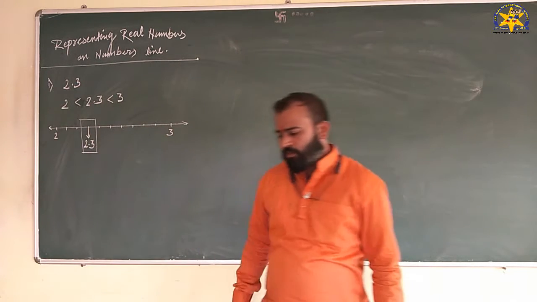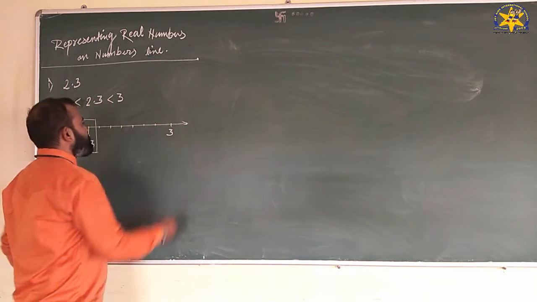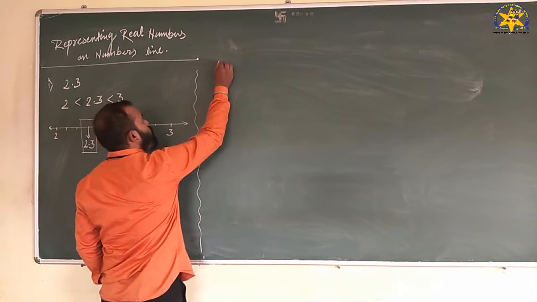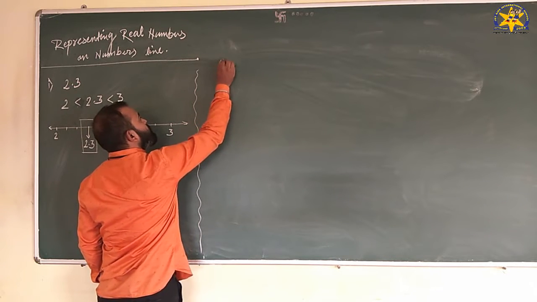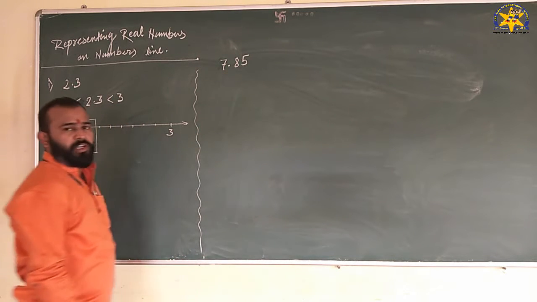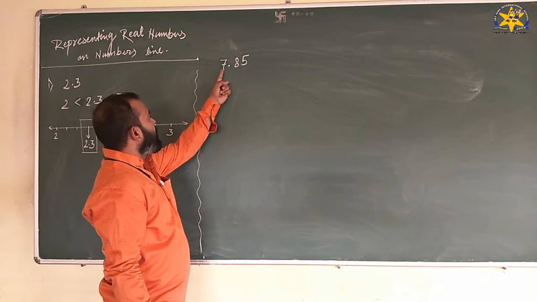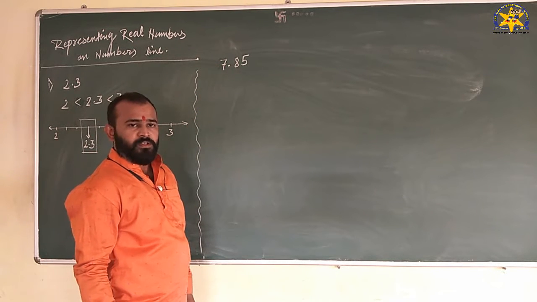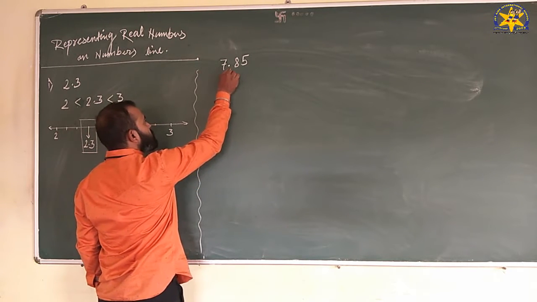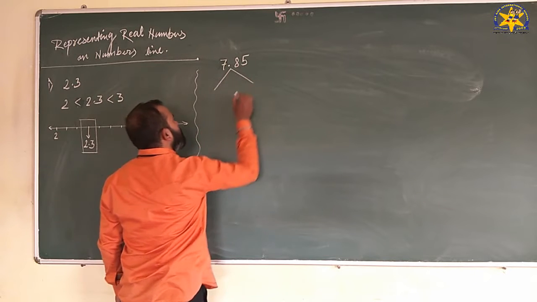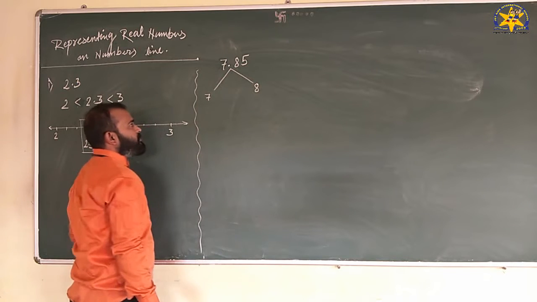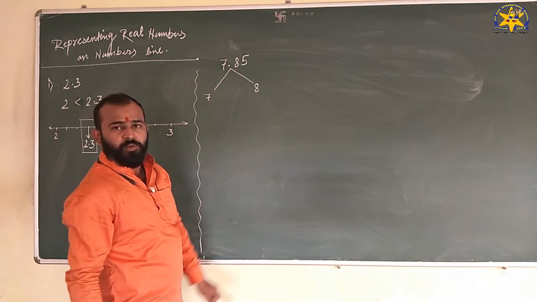Okay? So we'll take another number, suppose 7.85. First of all we will try to locate 7.8. Now we know that 7.8 lies between 7 and 8, so we zoom in.